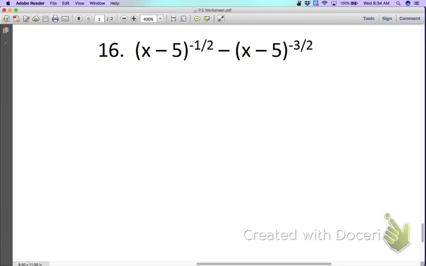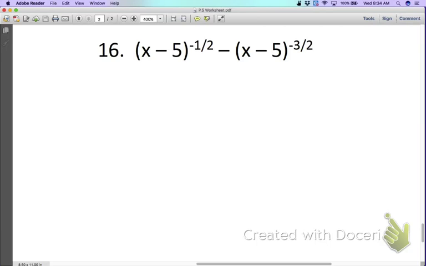So from the P5 assignment 16, we have (x - 5)^(-1/2) minus (x - 5)^(-3/2). Before we do anything, we have to factor out the GCF. Remember, you're basically going to factor out the one with the smallest exponent.